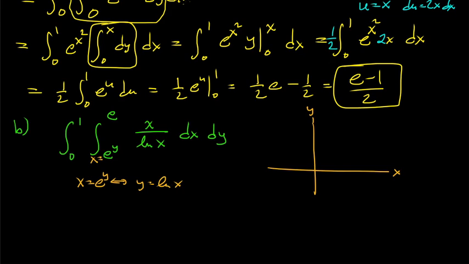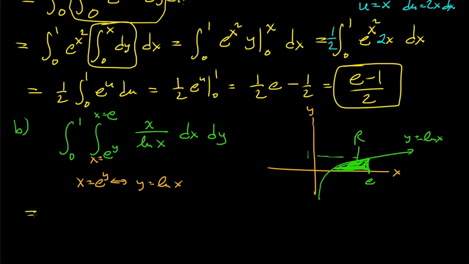So that's going to look like this. Right. Y equals log x. And then x equals e is right around here. Right? And log of e is 1, so this is y equals 1. And then y goes from 0 to 1, so it's this little region in here. So that's my region of integration, right? We can call that R.